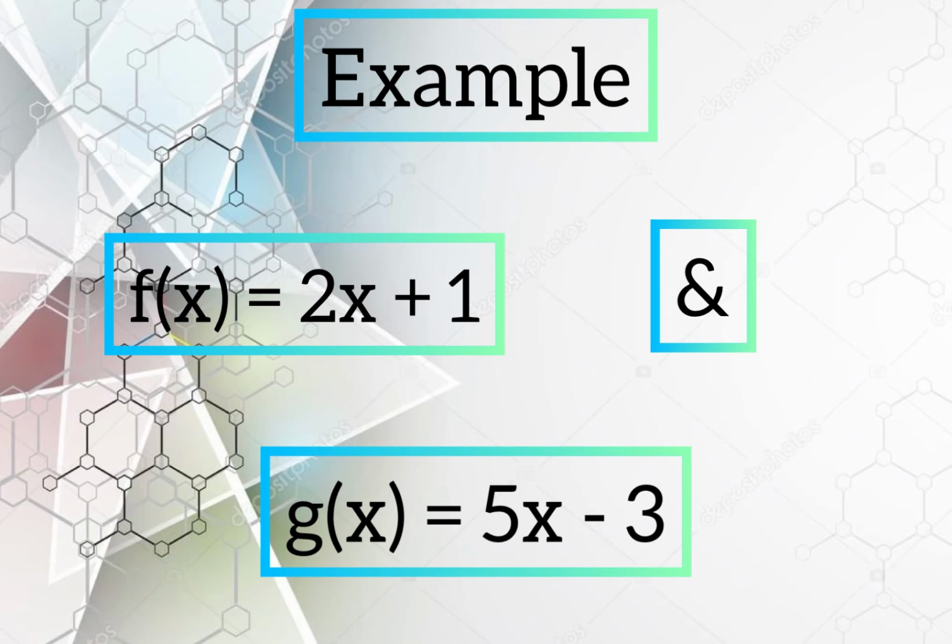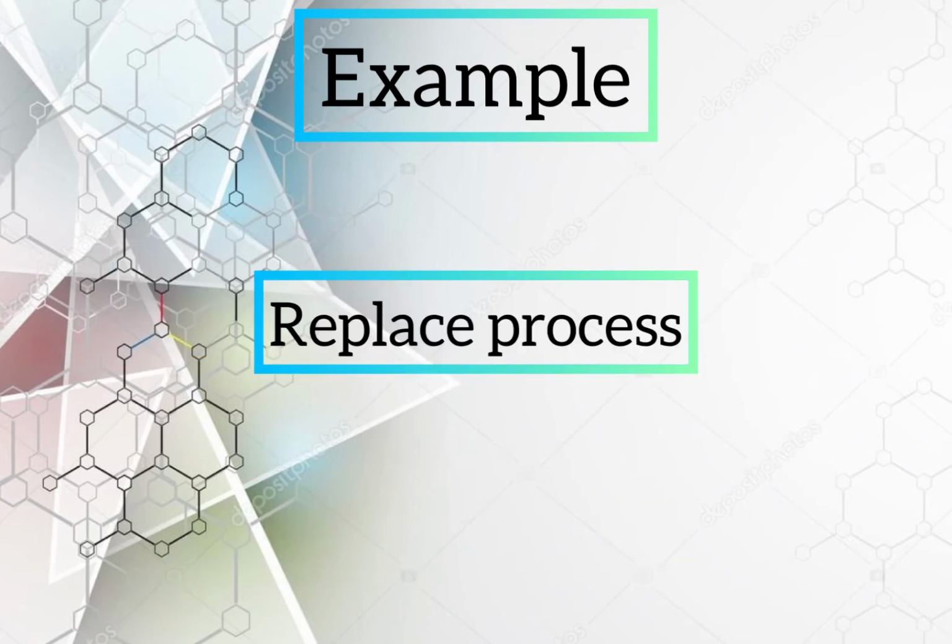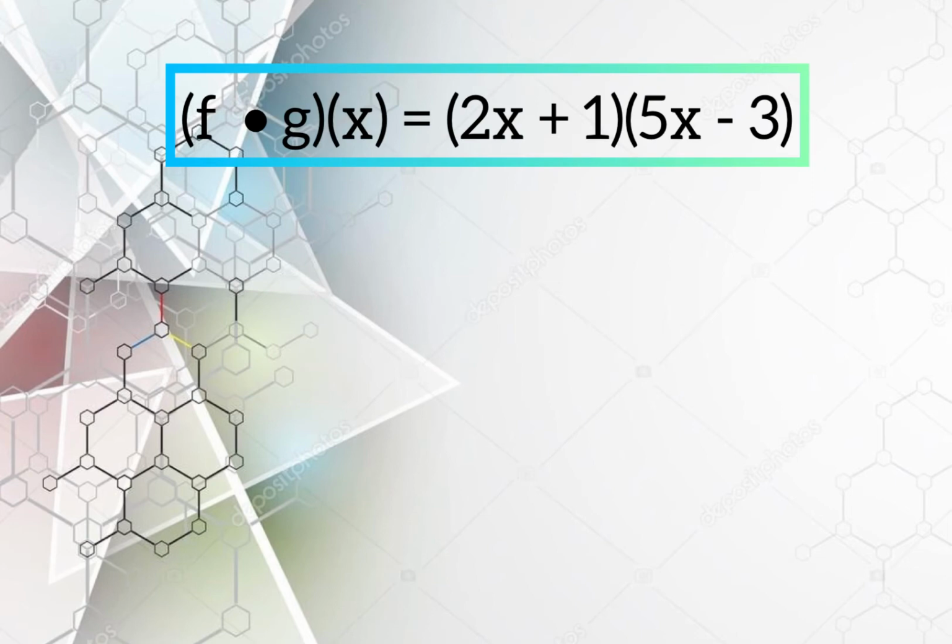Now we make the replace process, and the initial formula will be parenthesis f times g parenthesis of x equal to parenthesis 2x plus 1 parenthesis 5x minus 3. Now we start to solve, and we need to start with the distributive law.